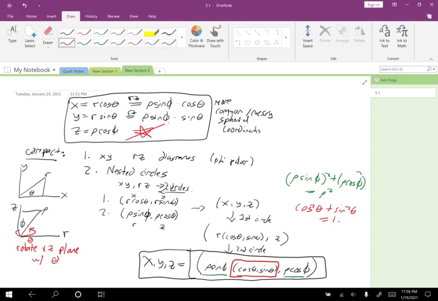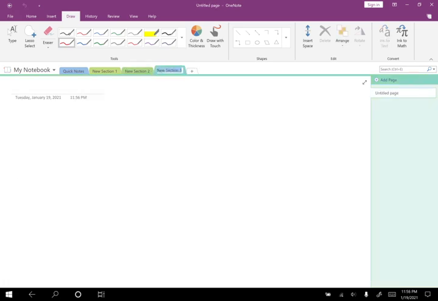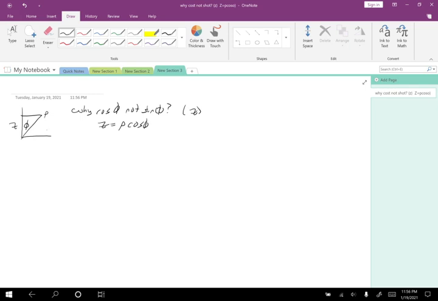And it's also worth noting, if you're ever confused about whether it's sine or cosine, so why is it cosine phi and not sine phi for z? Remember, z was rho cosine phi, from the RZ diagram. Well, just plug in phi equals 0.